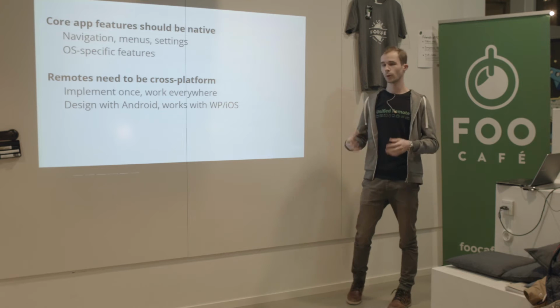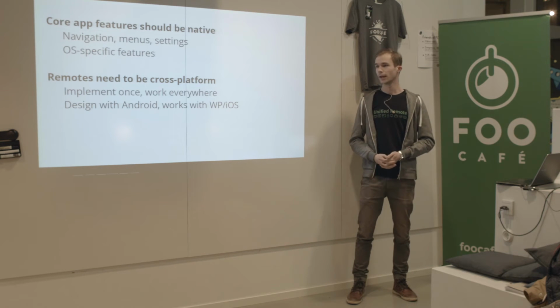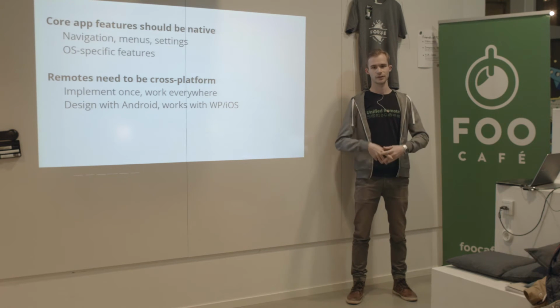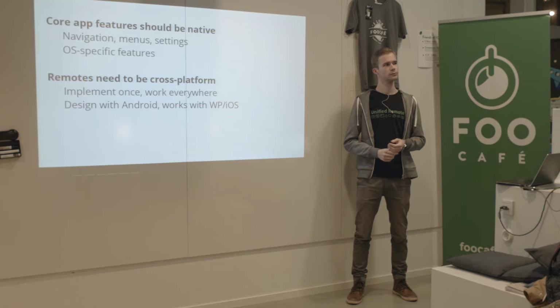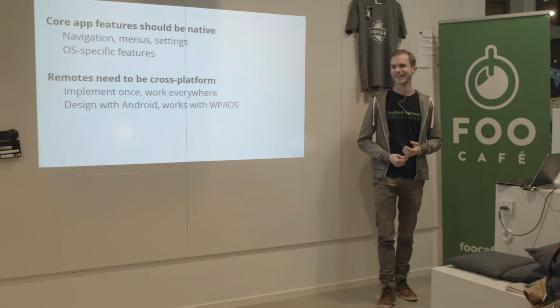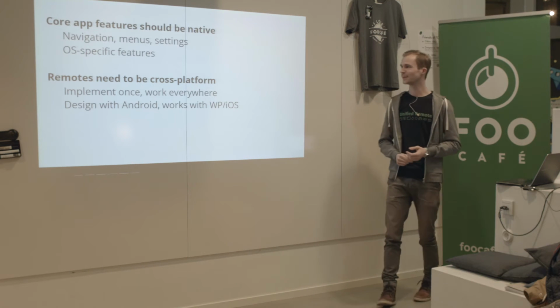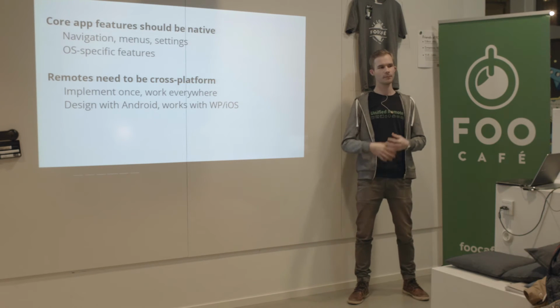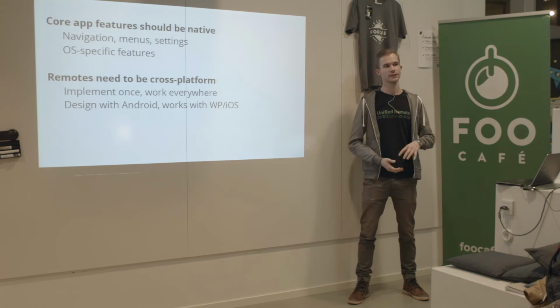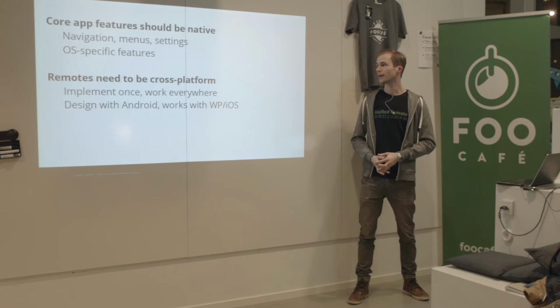We said all the core app features should be native. So anything that had to do with the actual design of how you navigate around in the app, the menus, the settings, all of that stuff we wanted to be native.